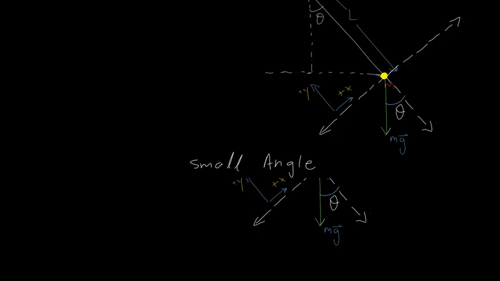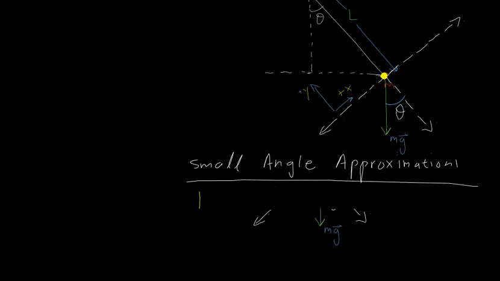The definition of the small angle approximation is that x is approximately equal to sine x. Cosine x is something different, but for sine x it's really handy to use this.